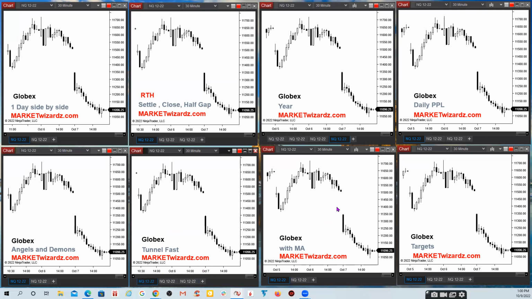This is more of a speed chart, a timing chart with the MA. One is Globex and one is RTH. And then obviously a target system for Globex, my side-by-side chart, and custom targets. And these, for the most part, are going to represent the time frame that I have here, despite the fact that I just mocked this up using, for the most part, RTH charts. And you can tell that by the gap, obviously.